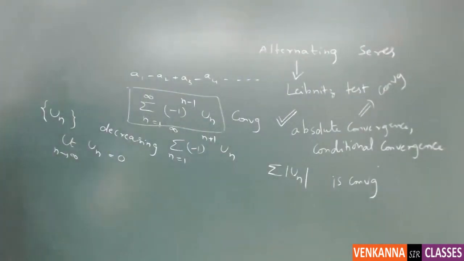So if you put modulus for the terms, if it is convergent, then we are calling it as absolute convergence. And if the series is absolutely convergent, then by default it becomes convergent. There is no need to verify the convergence by removing the modulus. Fine.